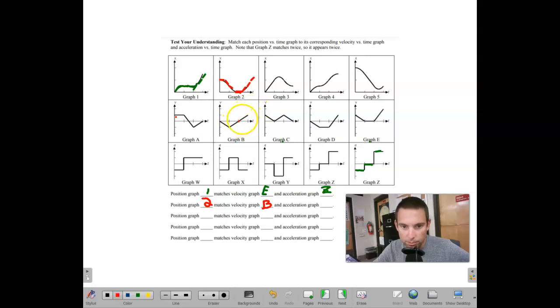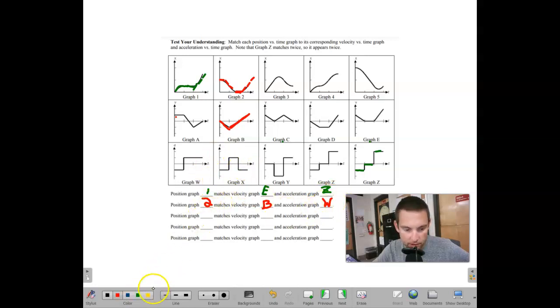So we're approaching more and more positive velocities, so it switches to this constant line. This line doesn't change even though we pass through the origin. Direction isn't noted on your acceleration versus time graph. So if we start out with a constant negative and then we go to a longer constant positive, that is graph W.